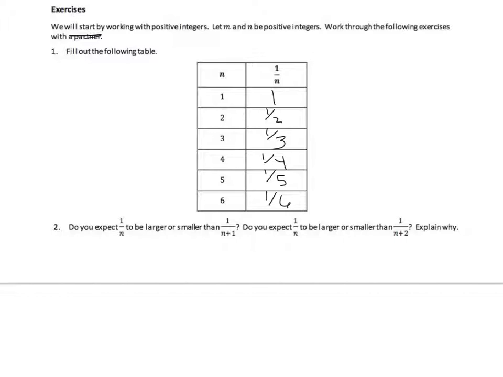Okay, so do you expect 1/n to be larger or smaller than 1/(n+1)? Do you expect 1/n to be larger or smaller than 1/(n+2)? So if we look at the table, 1/n, okay, it decreases, right?